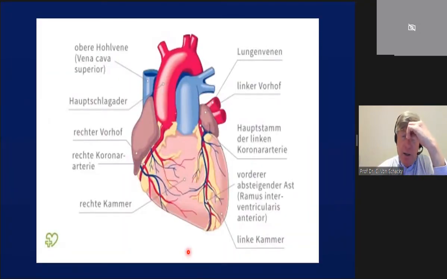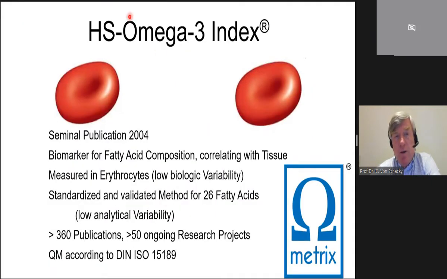And besides, cardiologists and everybody else knows that what goes through our arteries is not components of food, it's blood. That's why we chose to measure in blood, and we invented the omega-3 index. The seminal publication was in 2004.